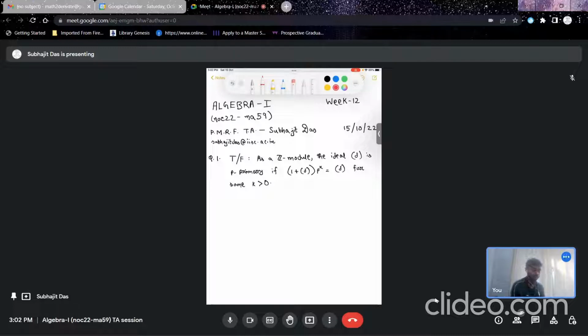If D divides P to the power K, then is it true that the ideal generated by D is P primary?